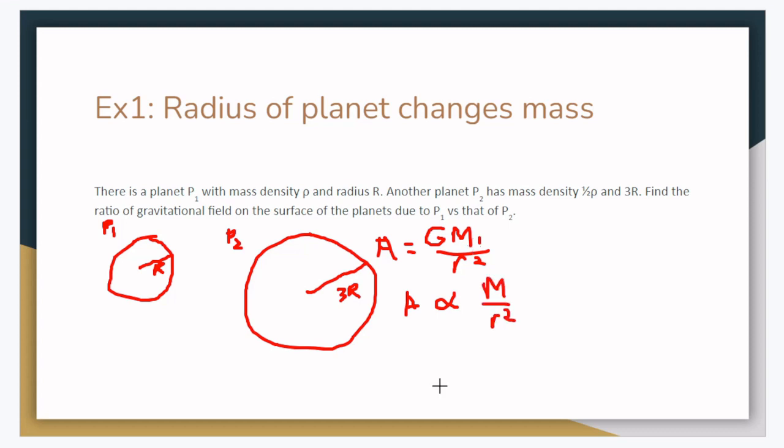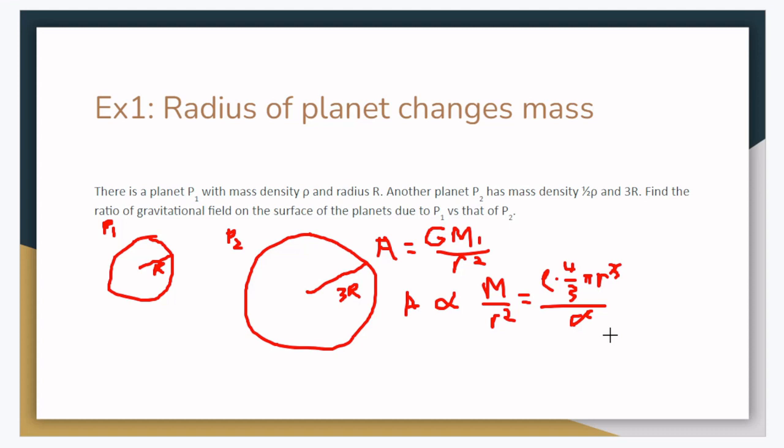What does this mean? Well, m is equal to rho times 4/3 pi r cubed, because that's what we found earlier. And then we set that over r squared. And then we can just cancel that.